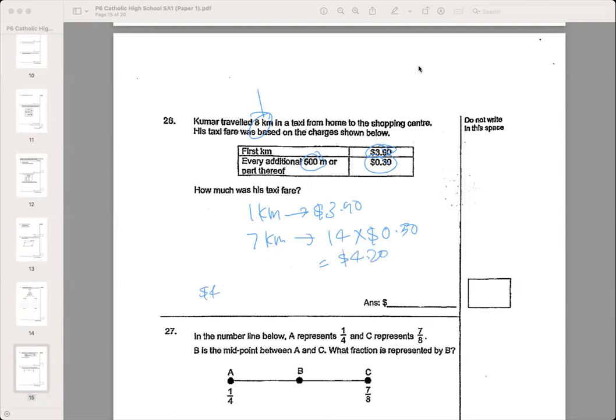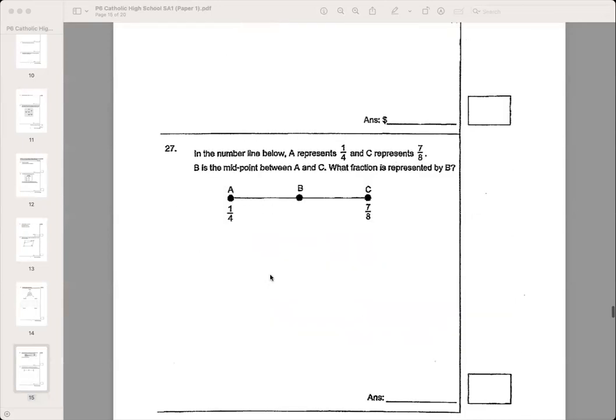So $4.20 is the price Kumar paid for the 7 kilometers of ride, and then plus the first kilometer, his ride will cost him altogether $8.10. So $8.10. Let's continue with the next question. Question 27.